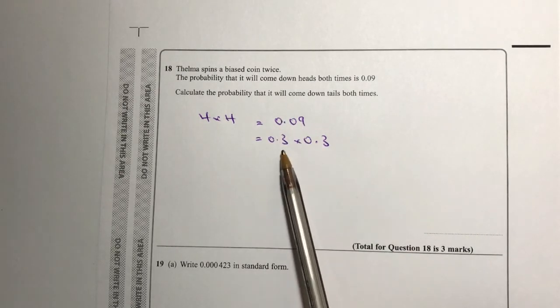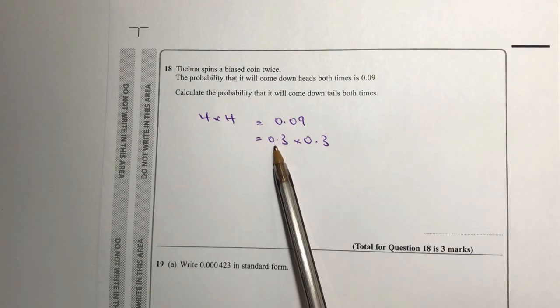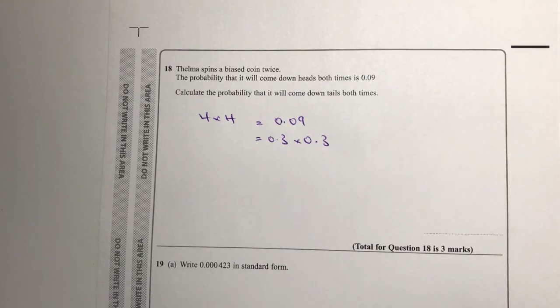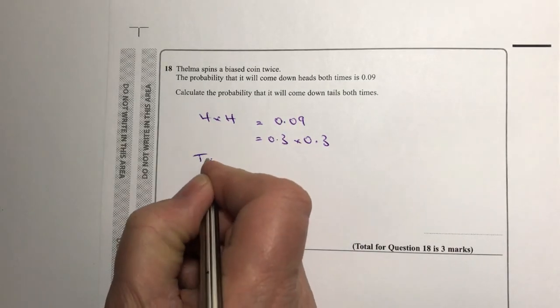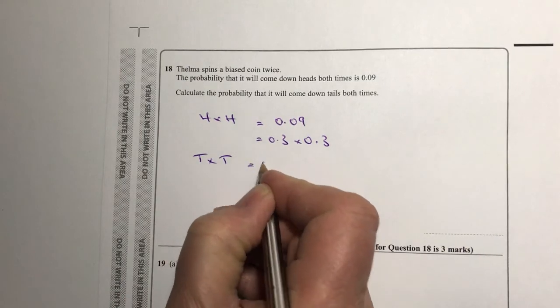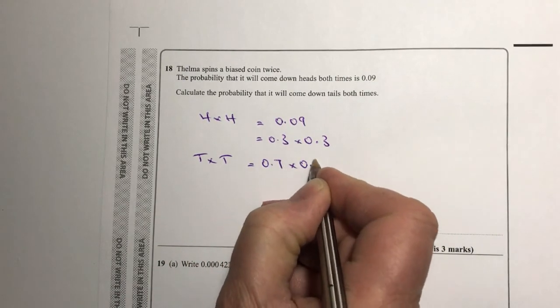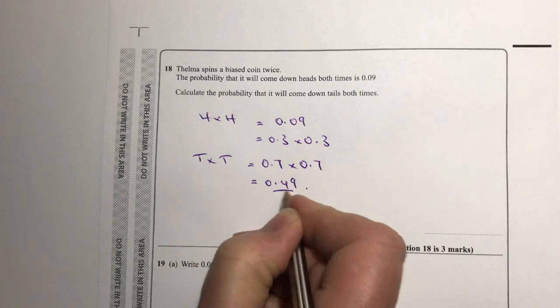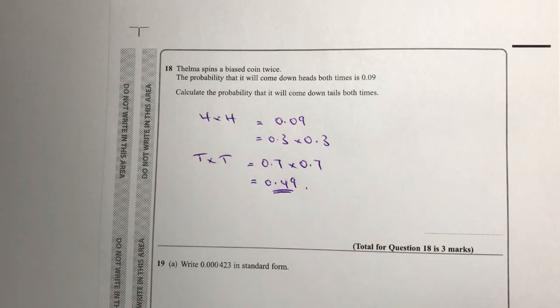Okay, so therefore the probability of it landing on heads once is going to be 0.3, and once again is going to be 0.3. So therefore the probability for it landing on tails and tails is going to be 0.7 times 0.7, so that's going to be equal to 0.49. Okay, that's the answer to this particular question.